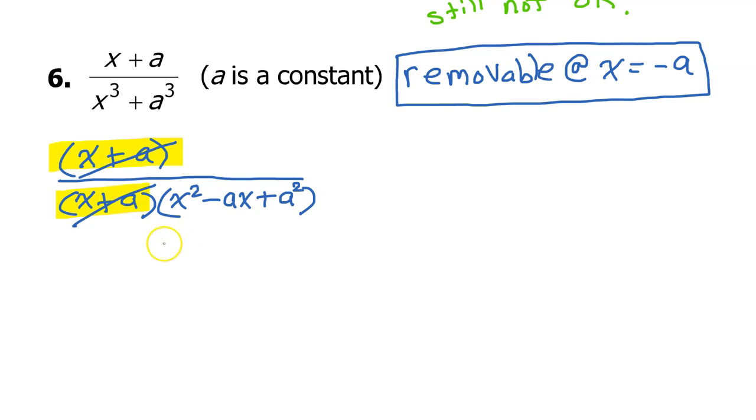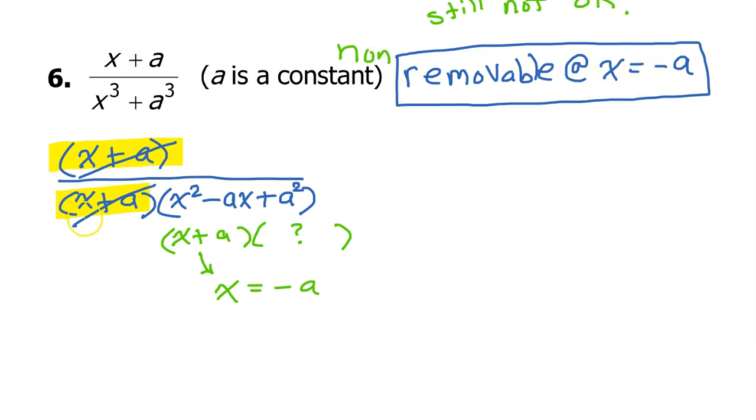But wait a minute, there's one more thing we need to worry about. What if the trinomial factors and one of the factors is another x plus a? You know, x plus a times whatever. Well, in that case, because this x plus a did not cancel out, we will have a discontinuity at x equals negative a, and this would be then a non-removable discontinuity.